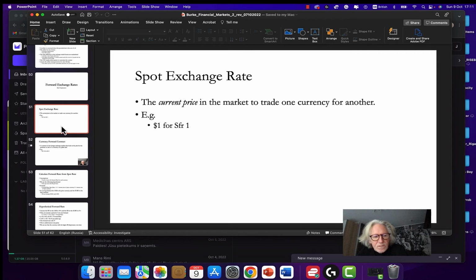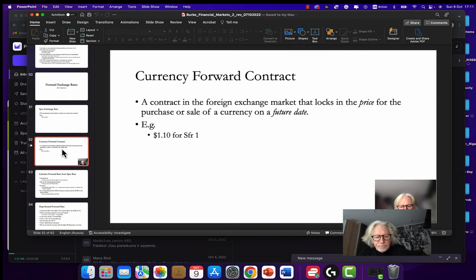Now let's move to the forward rate. The forward rate is the value of a currency pair in the future. So obviously you would ask, how can this be? How can we know the price of one currency against the other in the future?